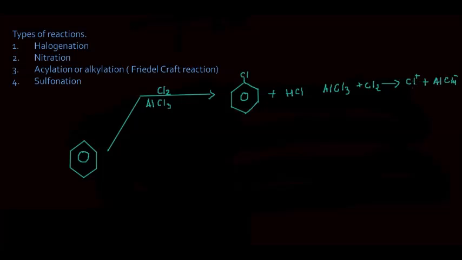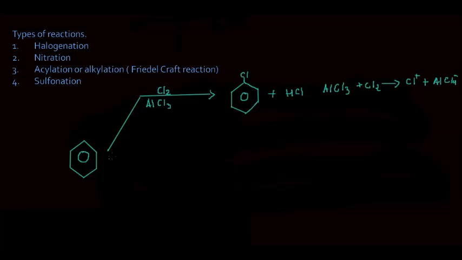This electrophile reacts with the benzene to form the chlorobenzene, and we have already learned the mechanism through which all the benzene undergoes the electrophilic substitution reaction. Now when the hydrogen ion is replaced, this hydrogen ion again reacts with the AlCl4− to form the byproduct HCl, and then it regenerates the catalyst aluminium chloride.